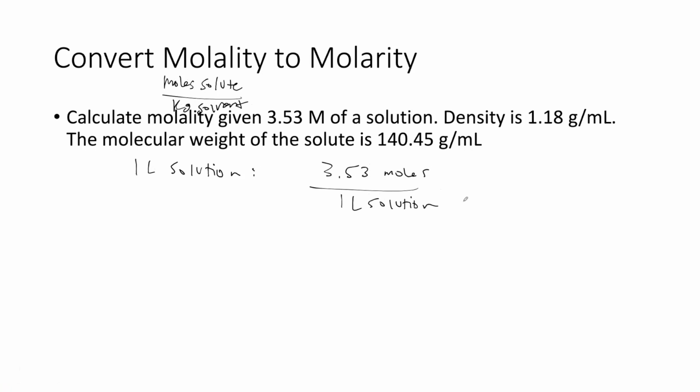So what we really need to do is take our solution and determine how much of that is solute and how much of it is solvent. That way we can subtract the amount of solute to figure out the solvent in order to figure out our molality. So the first thing that we can do is figure out how much solute we have.